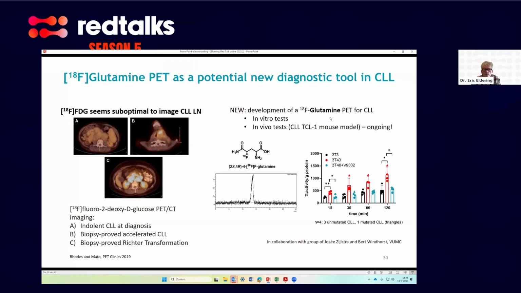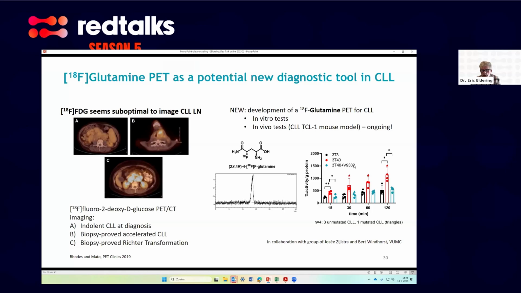So the chemistry for that was known, and we started collaborating with chemists and the hematologist José Saltra to figure out if we could make fluor-labeled glutamine and then use that to image CLL cells. The data you see over here are, again, the labeling of CLL cells after CD40 stimulation, which we know increases their glutamine uptake.